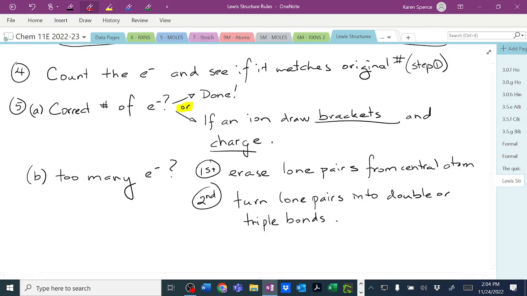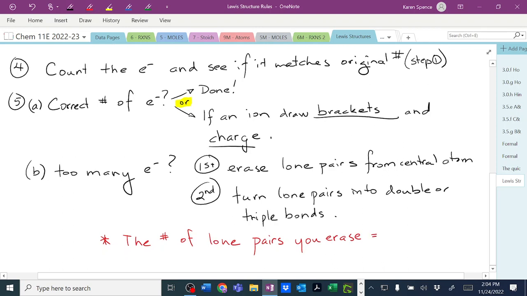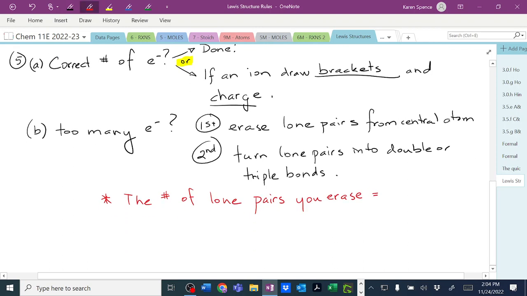So if we have too many electrons, we erase lone pairs from the central atom, we turn lone pairs into double or triple bonds, and here's the thing, the number of lone pairs you erase is equal to the number of multiple bonds you have to form.